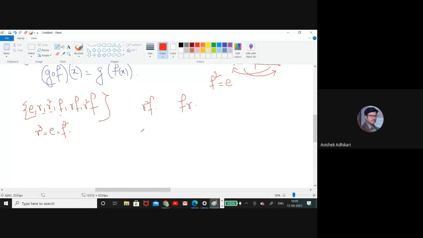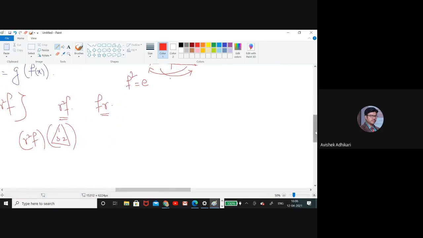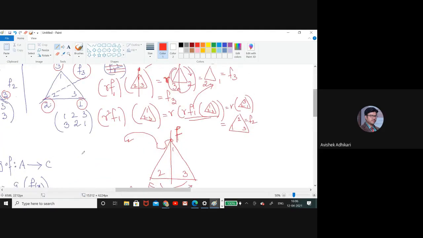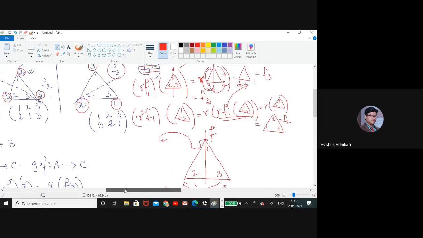Okay, so let us try to find out, is there any relation between these two? So R square F, and if I have 1, 2, 3, just now we have seen what R square F is. It's basically, just now we have drawn this. So R square F is nothing but 2, 3, 1, right?